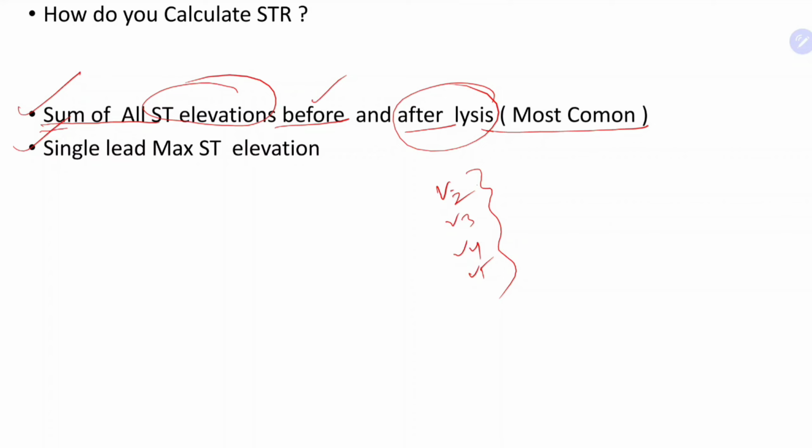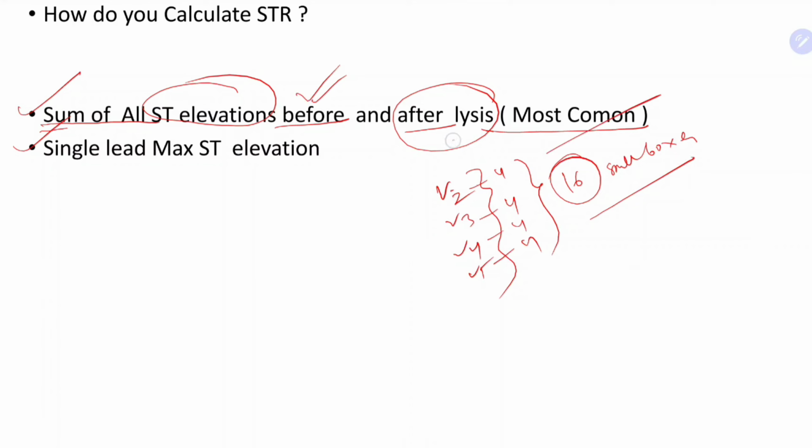Suppose you have 4 small boxes in each of four leads; the total is 16 small boxes before thrombolysis. After thrombolysis, this should come down. This is the most common method.